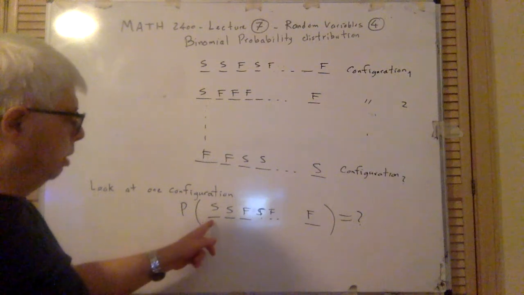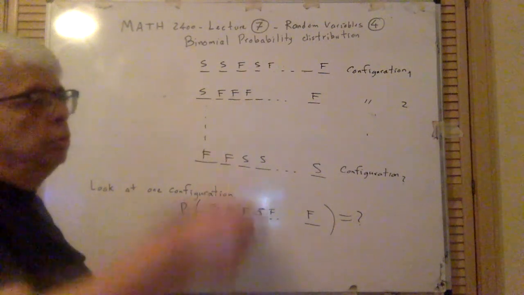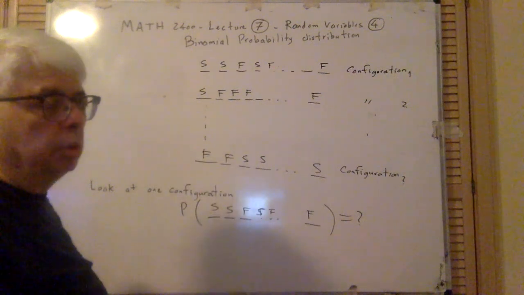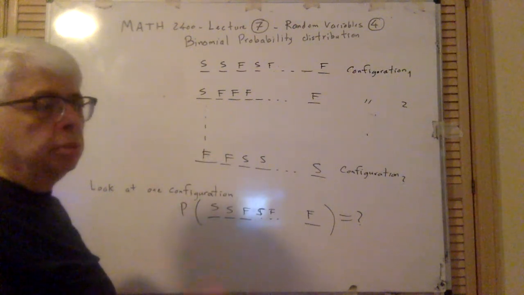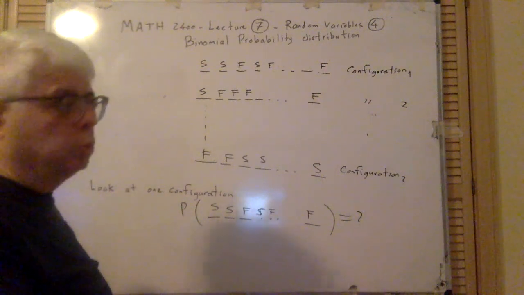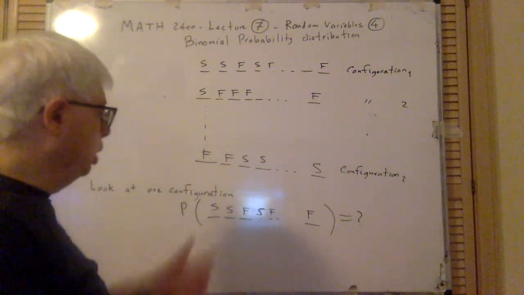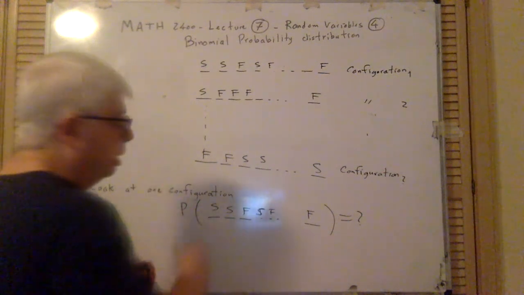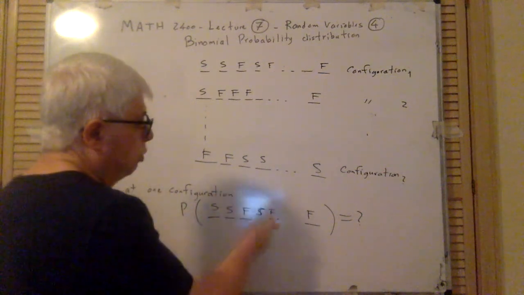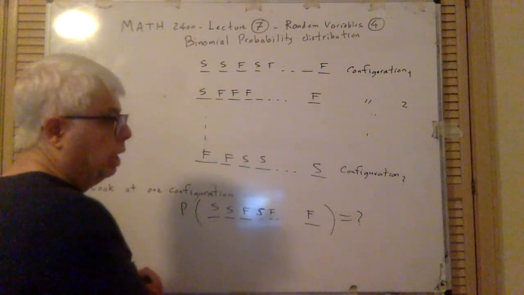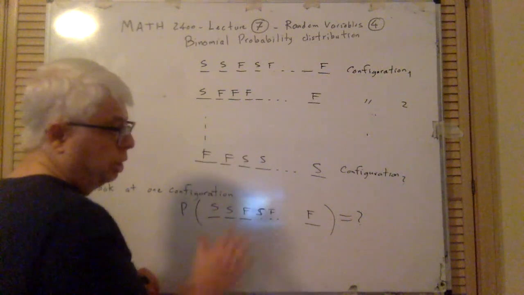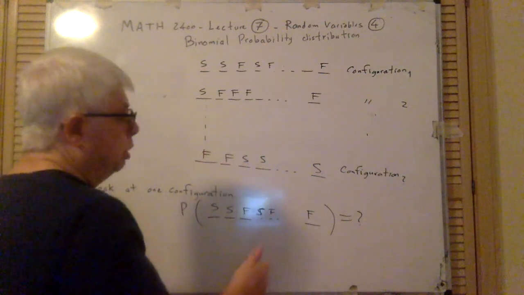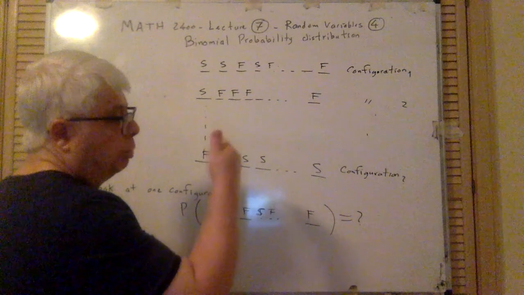When you toss a coin, first time, second time, third time, fourth time, and so on, each time is independent from the previous one and the next one. So each one of these is an independent event. Getting an S in position 1 is independent from getting S or F in position 2 and so on.